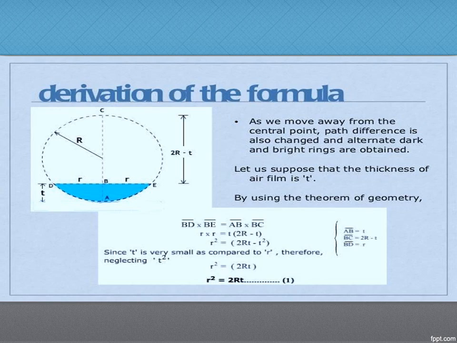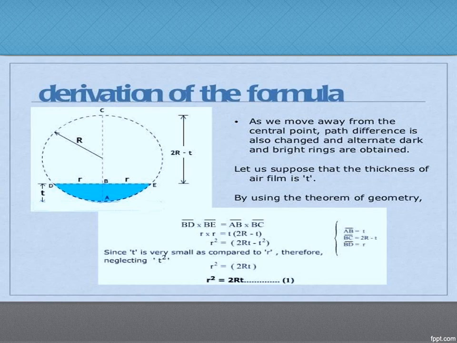Now BD is equal to R and BE is also equal to R. So R multiplied by R is equal to AB into BC, where AB in the diagram is t and BC in the diagram is 2R minus t.